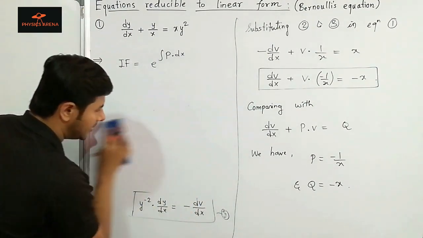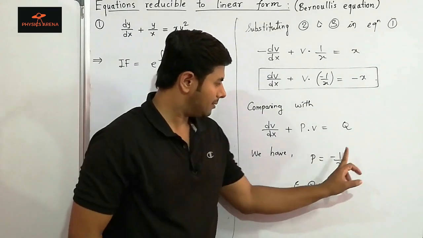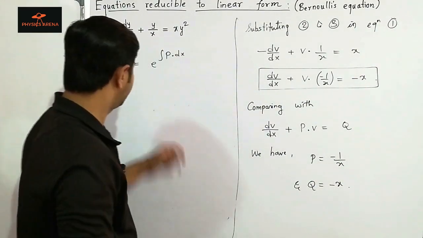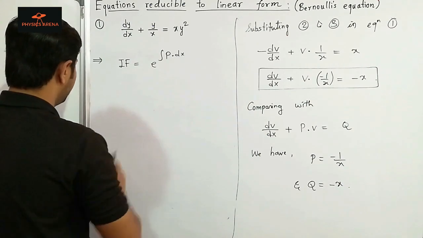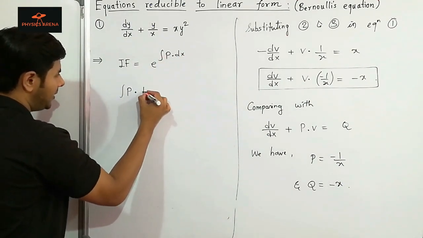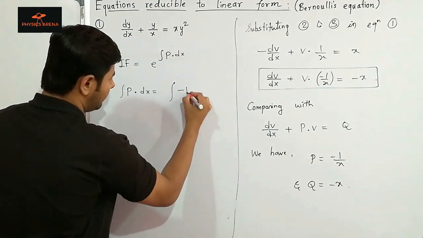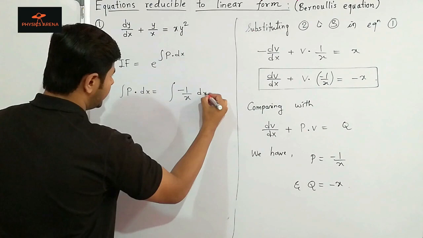So let's find the integrating factor. P is minus 1 over x. So let's find this integral first. The integral of p dx equals the integral of minus 1 over x dx.